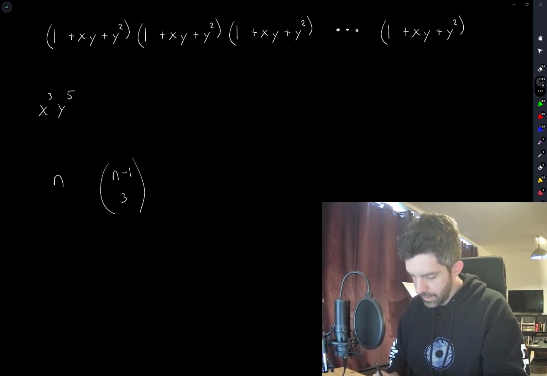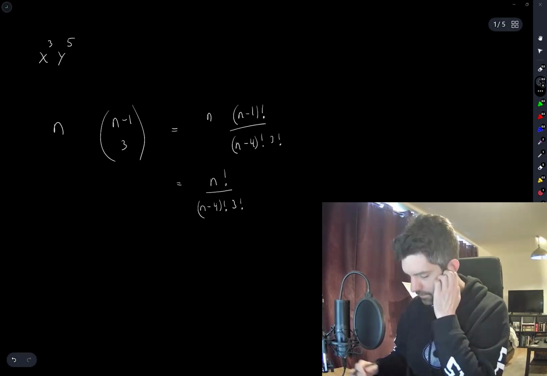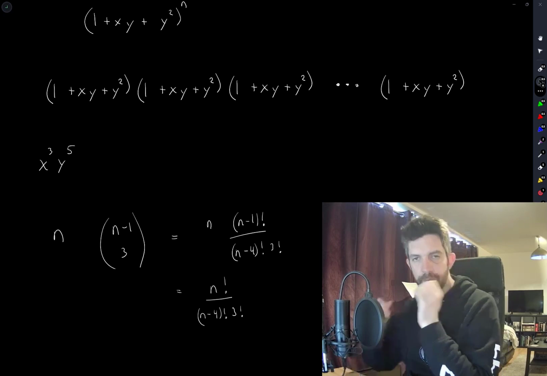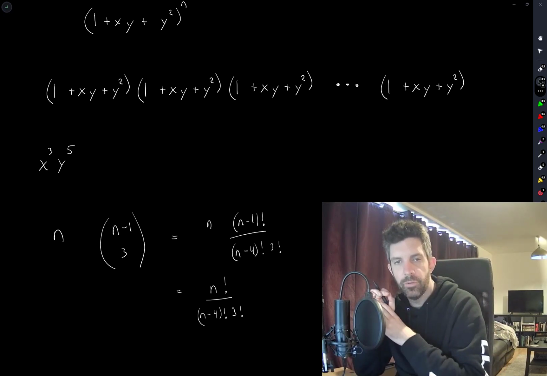So does this simplify into something? It's not written in the question. It just says that n is a positive integer. We have to assume that n is greater than or equal to 3. In fact, it has to be greater than or equal to 4, doesn't it?